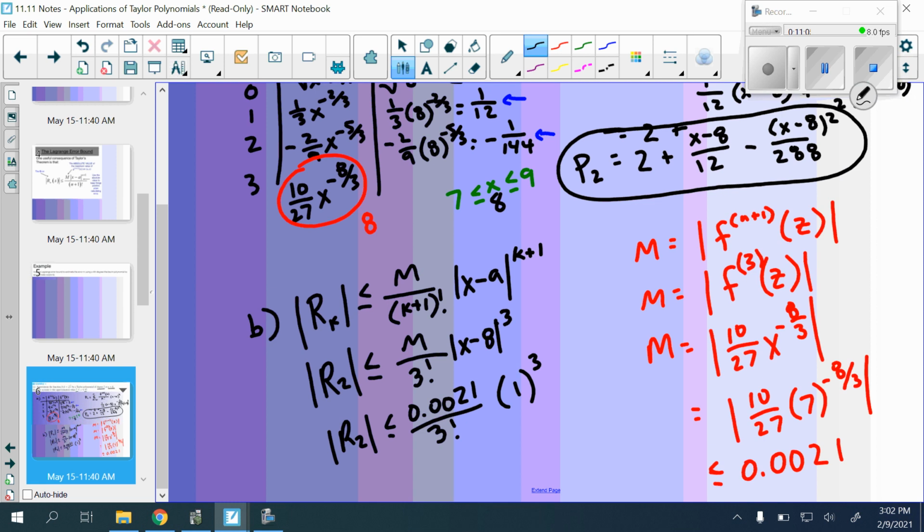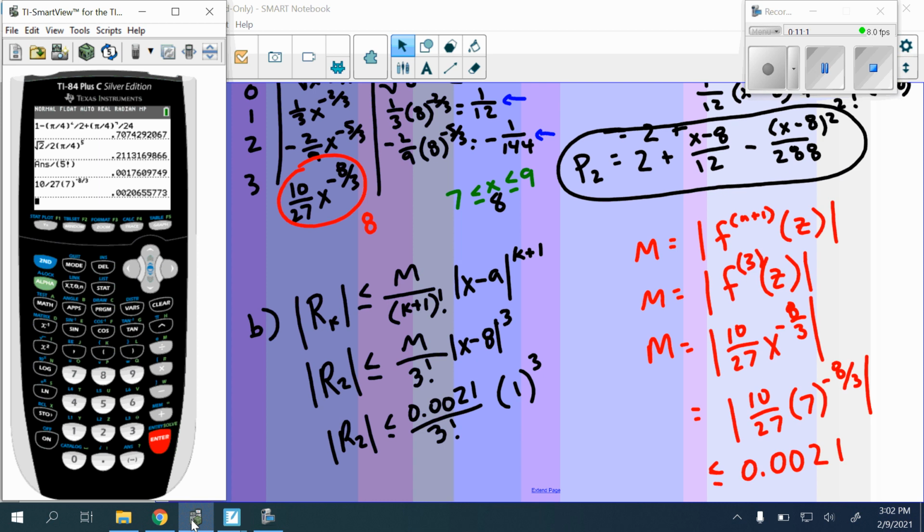Well, that's basically our m value divided by 3 factorial, which is equal to 6. So if we take our answer here divided by 6, it should give us an approximation of this one.